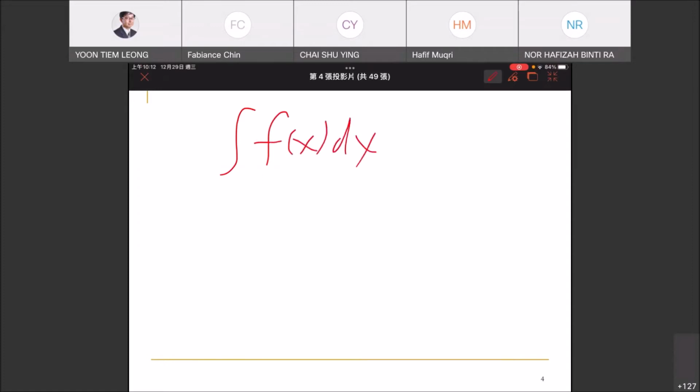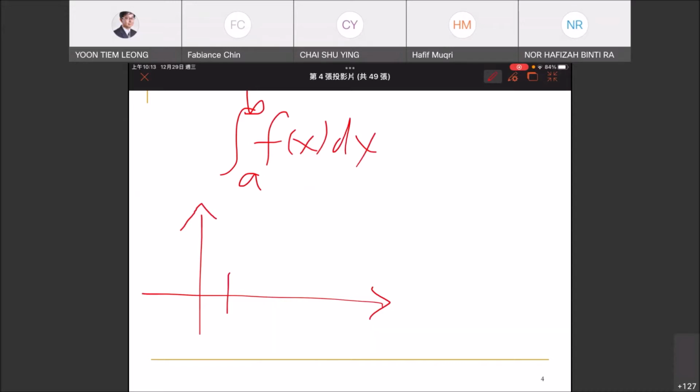This is a definite integral that represents the area of a function from a to b. Okay, so if you have gone through my lecture during the flipped class, the last part of the lecture yesterday, we talked about the idea of the average of a function.